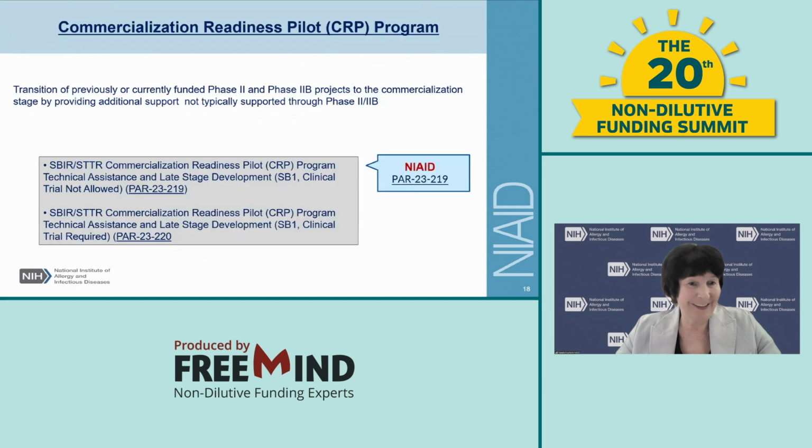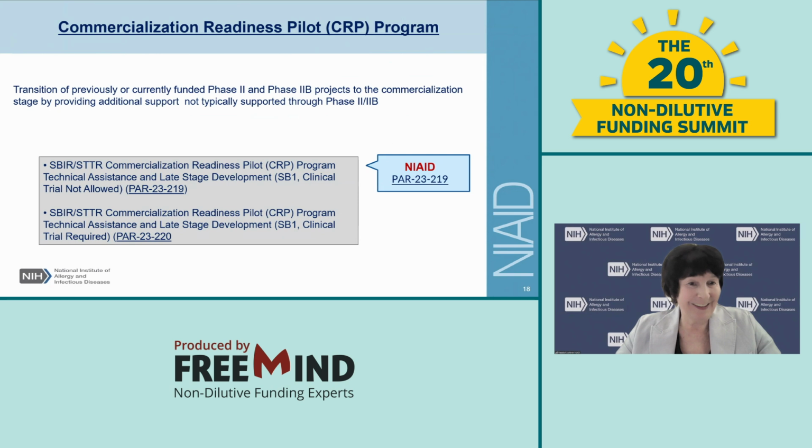Another great program is the so-called commercialization readiness pilot program. Phase 2B and this program are both meant to help applicants cross the so-called valley of death and move successfully towards commercialization. NIH published two solicitations, and NIAID is participating in only one. Clinical trials are not allowed.